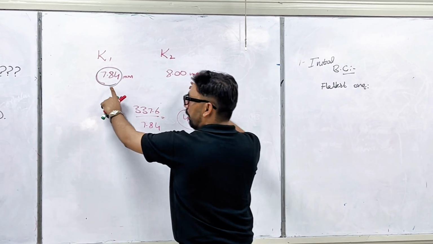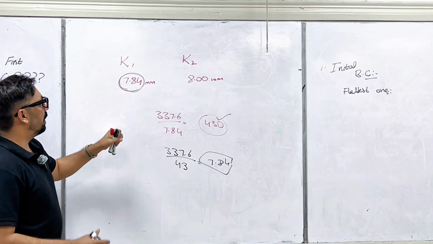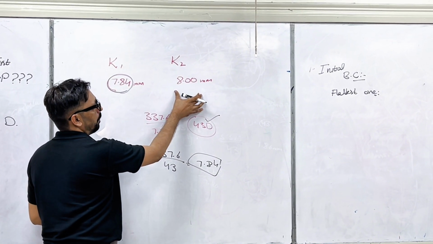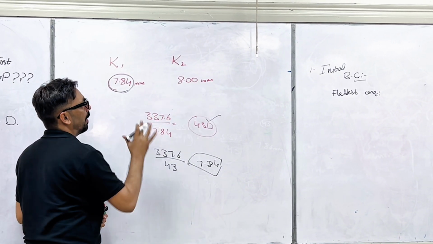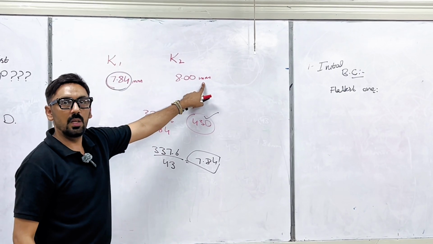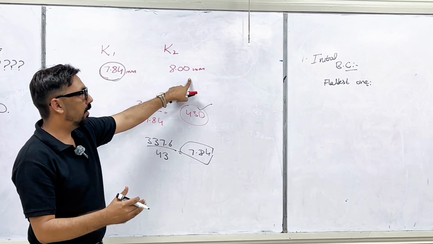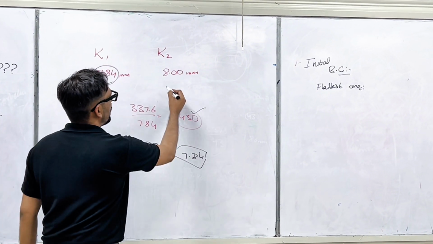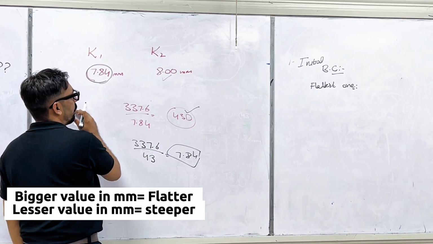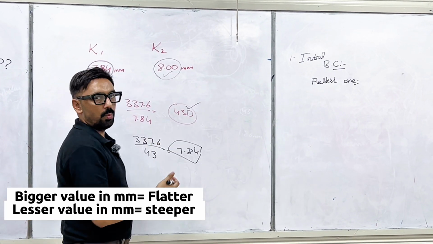Which is the flattest, 7.84 or 8.00? Remember, if your keratometric readings are in millimeters, the bigger the value, the flatter it is. 8.00 is the bigger value and 7.84 is the lesser value. So in millimeters, the bigger value will be the flattest one.